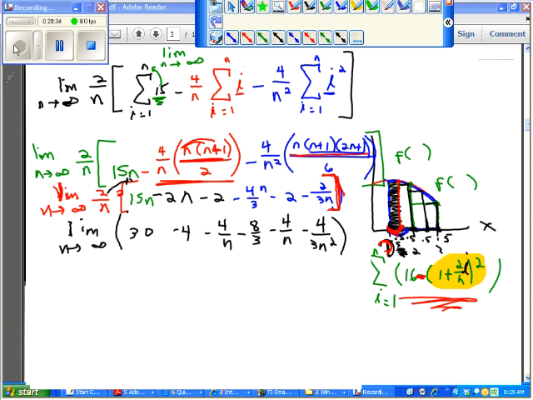Okay. Now, when we're talking about the limit as n approaches infinity, everything with a variable in the denominator turns to a 0, right? So those all go to 0. So now we're left with 30 minus 4 minus 8 over 3.